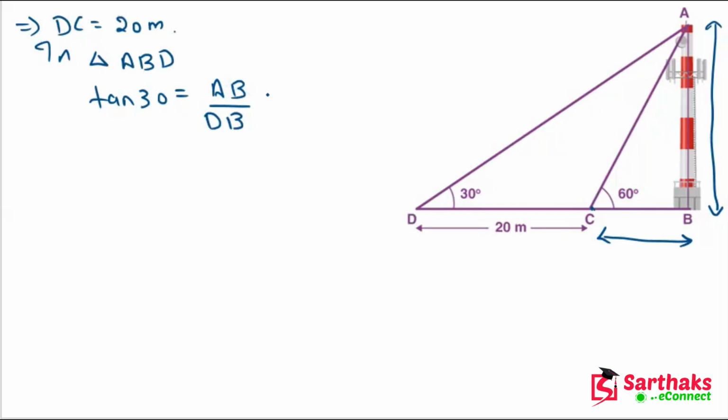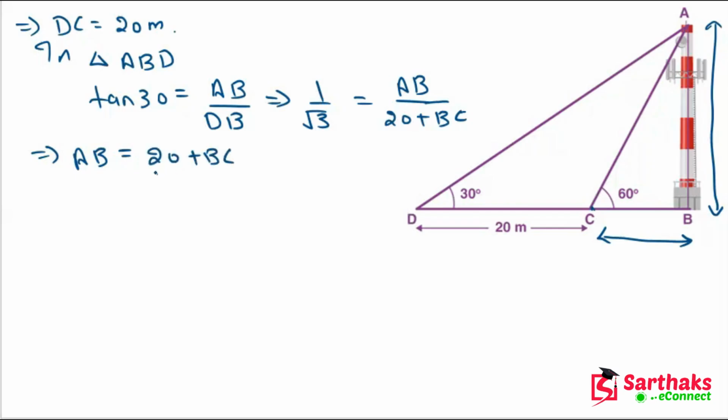We know that tan 30 is 1 upon root 3, which equals AB upon DB, which is 20 plus BC. So after solving this, we get AB is equal to (20 plus BC) upon root 3, which is our equation number 1.